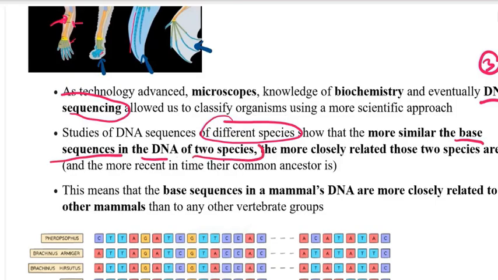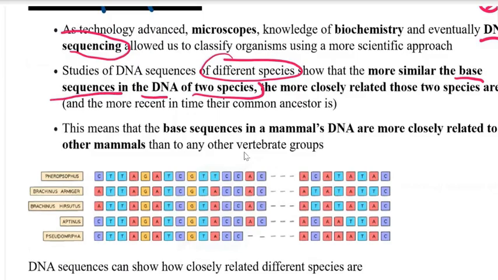So if the two species share a very similar base sequence, this means that there's a very close genetic relationship between these two species. So they contain a base sequence which is referred to this one, okay?